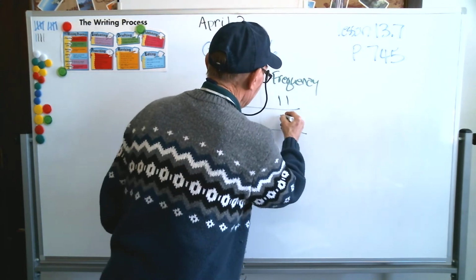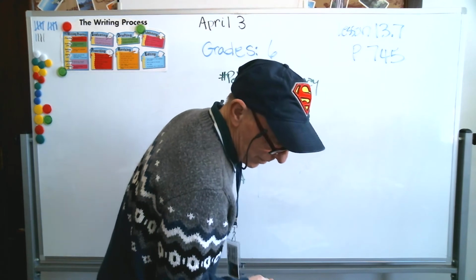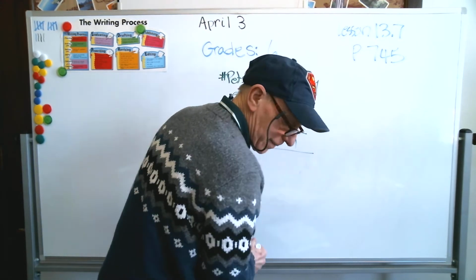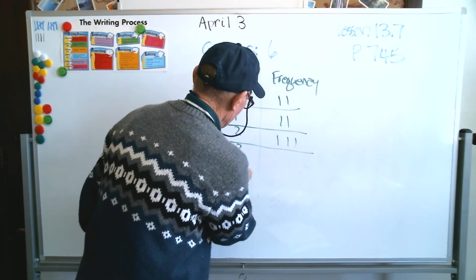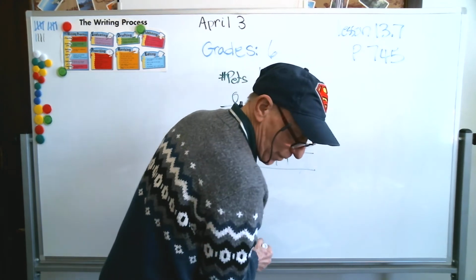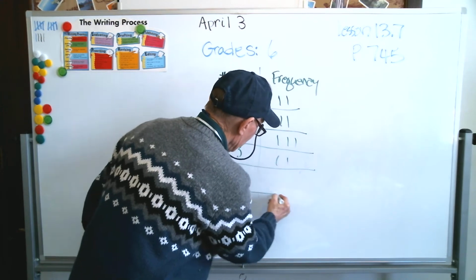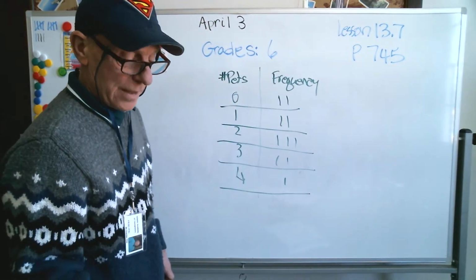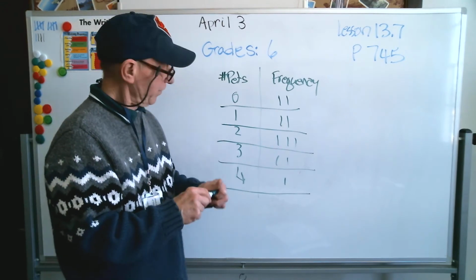As we count them up, there were 2 people, and this one will give 3. Down here we'll give them 2, and I guess there was somebody that's got 4 pets. It's a lot of dog food.